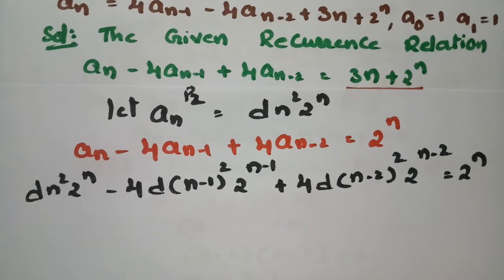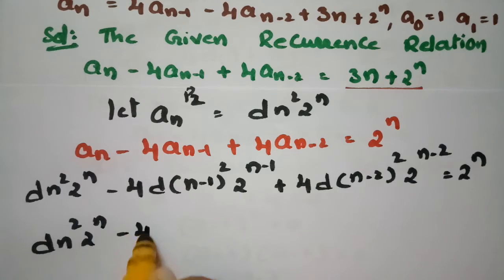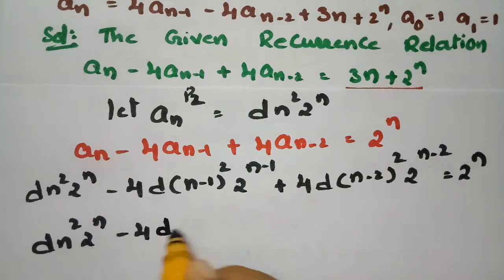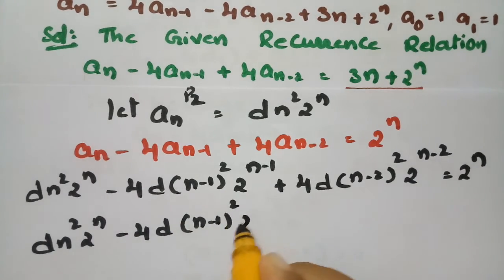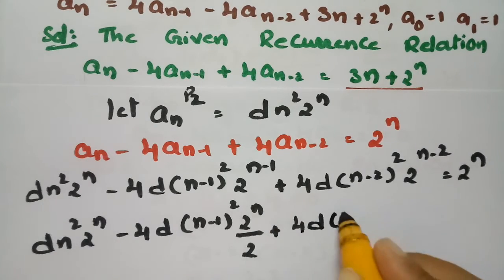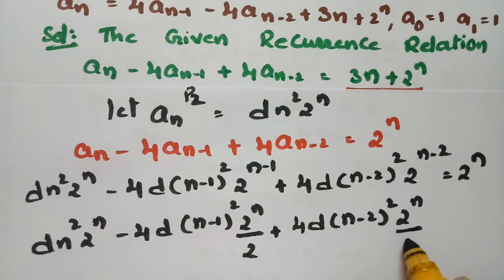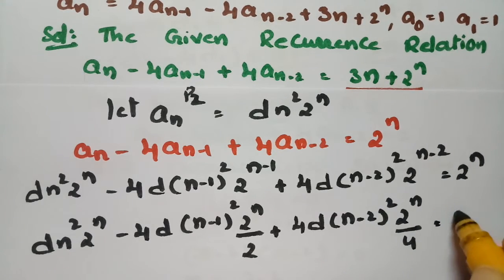Clear? Now see here, this is d n square 2 power n, 4 times of d (n minus 1) whole square, this is 2 power n by 2, and 4 times of d (n minus 2) whole square, this is 2 power n by 2 square, this is 4, is equal to 2 power n.